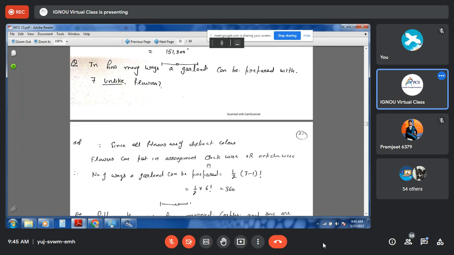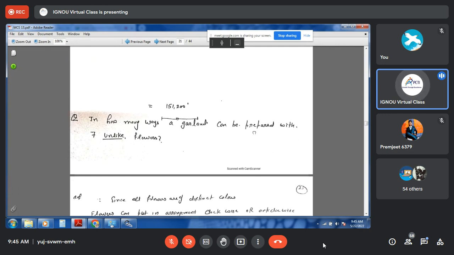Think over it. Put the red, then white on the right side. It can also be done from the left side. Red, white, blue. So there are 2 options. The garland can be made clockwise as well as anti-clockwise. So we divide it by 2. Otherwise it was a simple numerical.